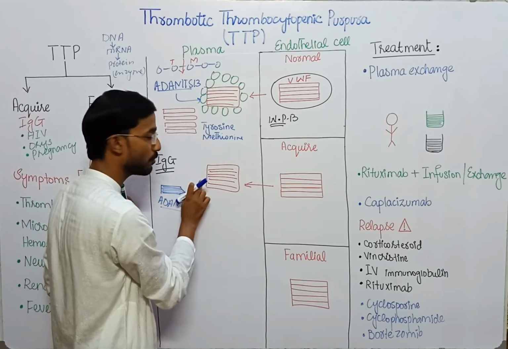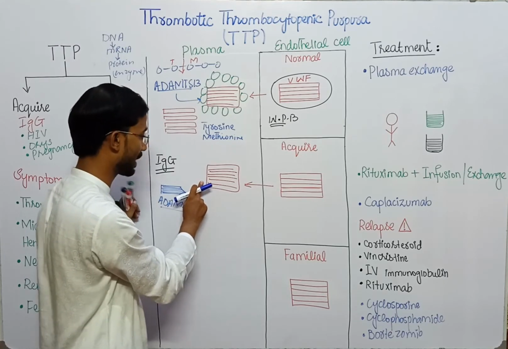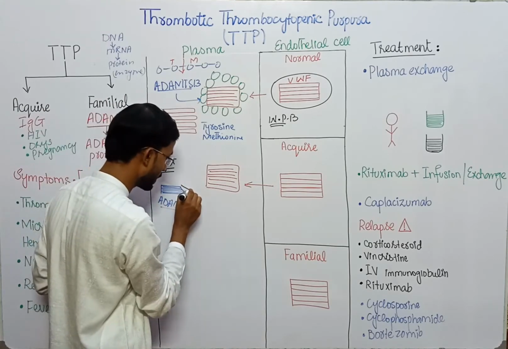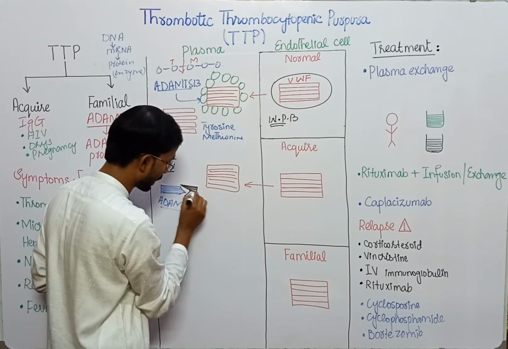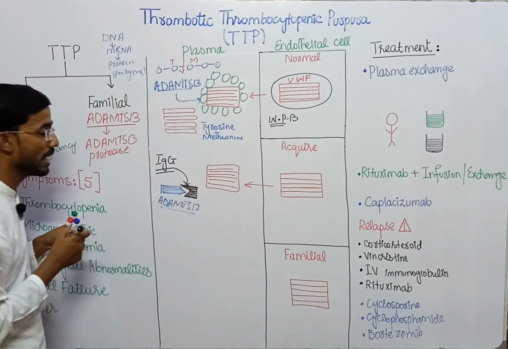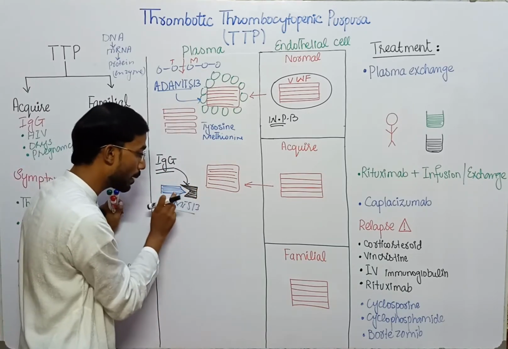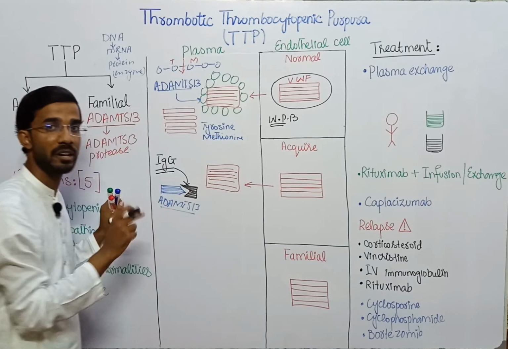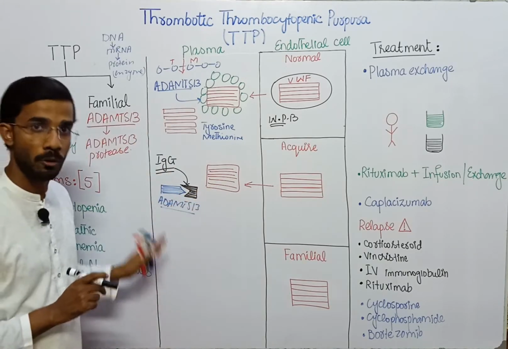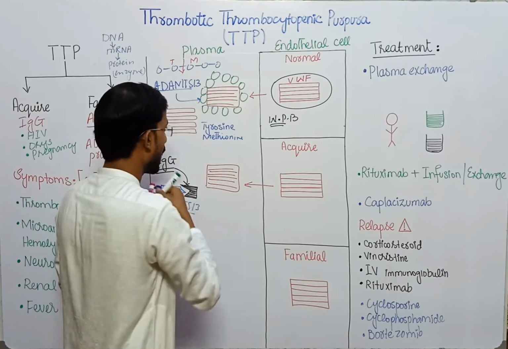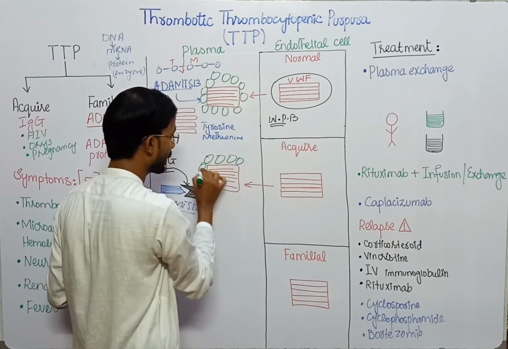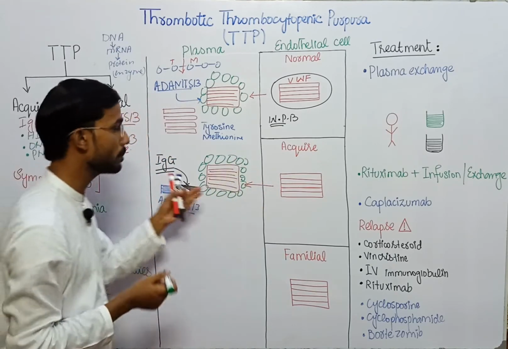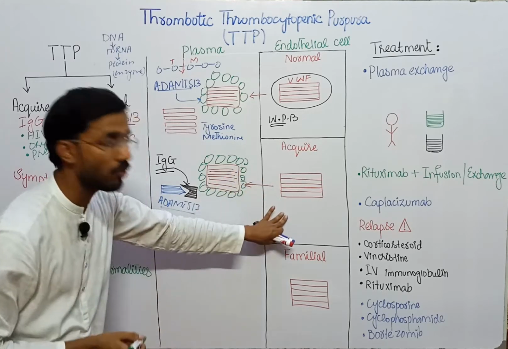It breaks the multimeric form of the von Willebrand factor. But IgG antibodies block this enzyme. This is shown by the line. These IgG antibodies block this enzyme, so the multimeric von Willebrand factor will not convert into monomeric form. So it aggregates several platelets and forms a thrombus. So this is the acquired form.